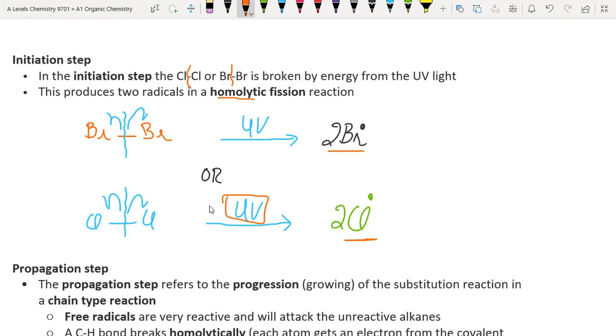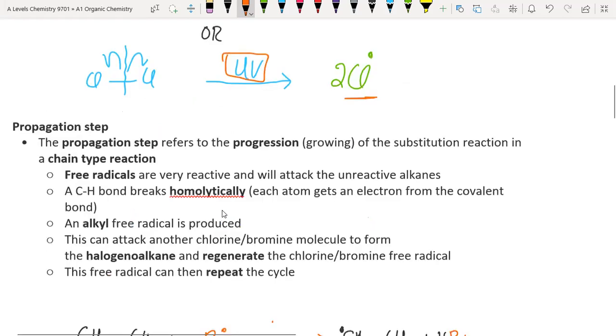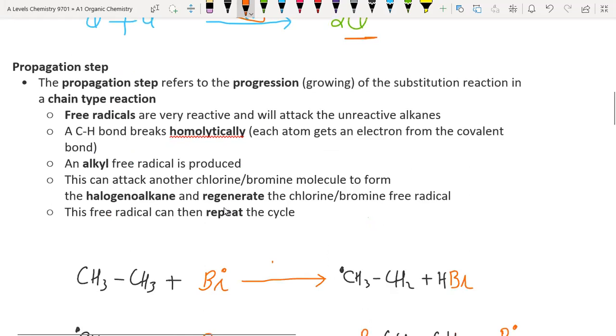The next step is propagation. Propagation refers to the progression or growing of the substitution reaction in a chain type reaction.